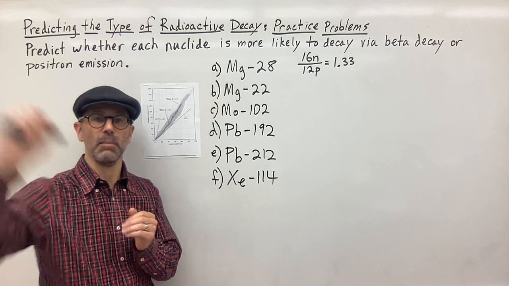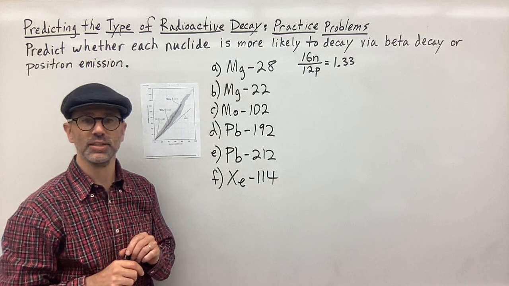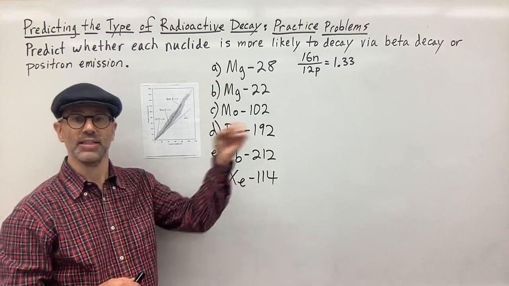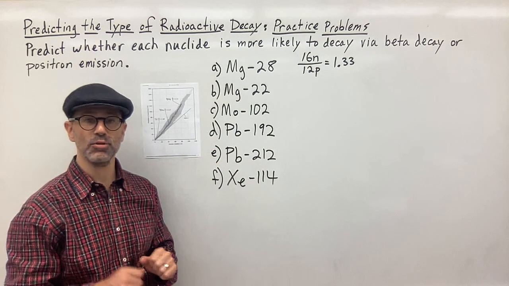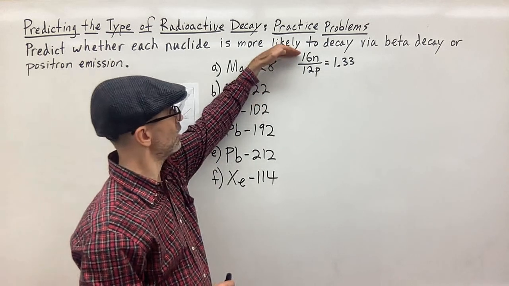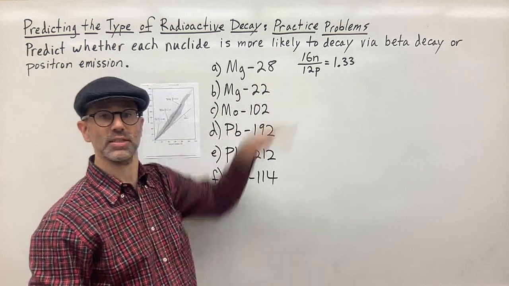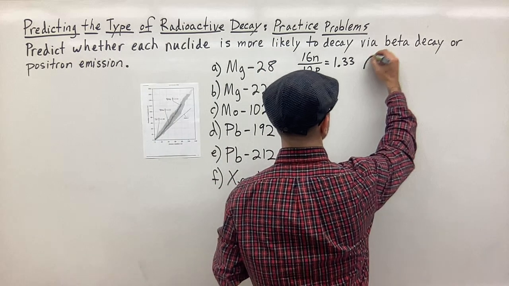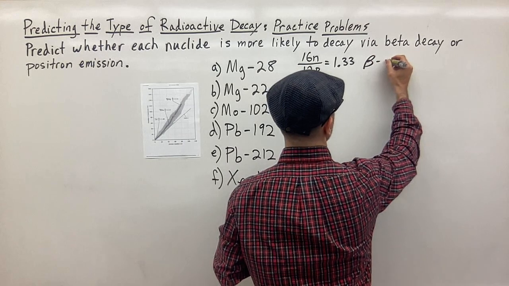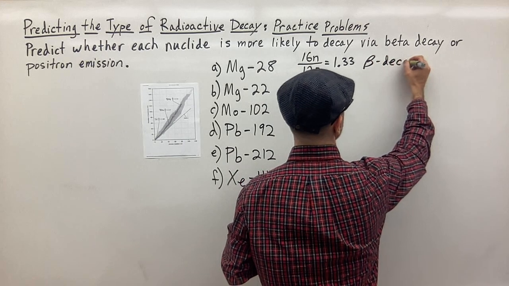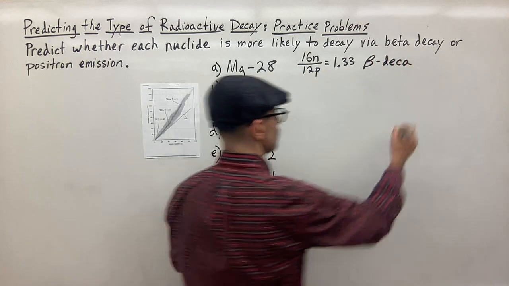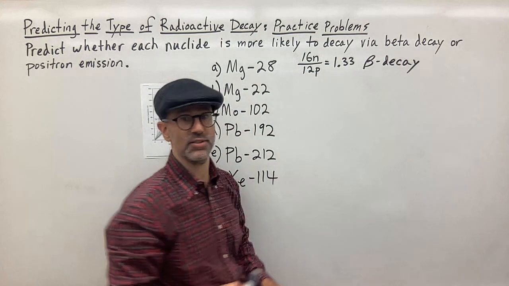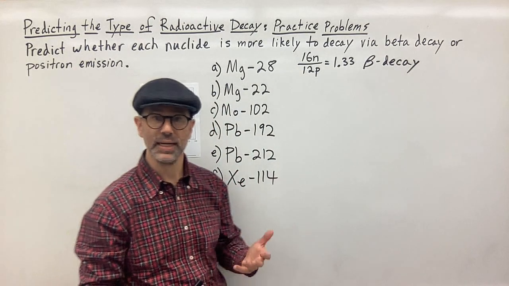The electron, the beta particle, is released from the nucleus, and you're left with a proton. So one neutron disappears and becomes a proton. You're lowering the number of neutrons and increasing the number of protons through beta decay. So this one's most likely going to undergo beta decay. This funny looking B is the Greek symbol beta.